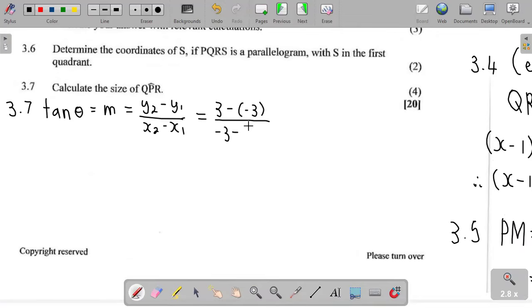You use a calculator here, and it's going to give you a value. Then we say therefore theta will be equal to the second function of whatever value we have here.